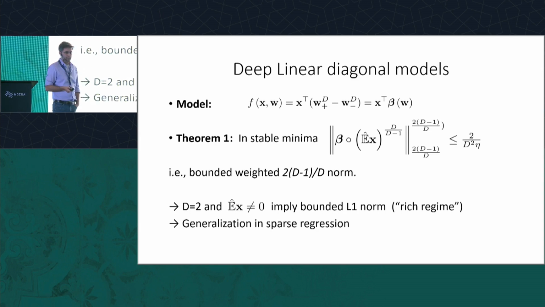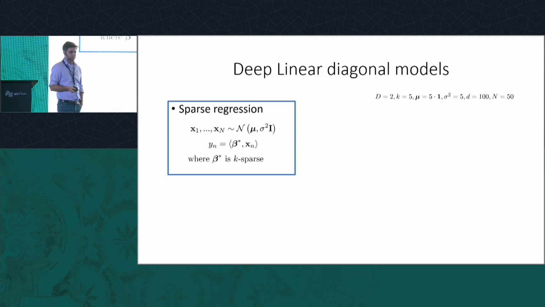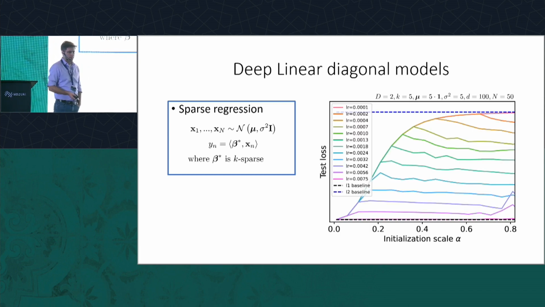In this case, we can show we get good generalization in a sparse regression setting, similar to previous works on this subject. Specifically, we ran a simulation on this model, where we sample the x's from a Gaussian distribution with some mean and variance, and the labels are generated sparsely with a k-sparse predictor.